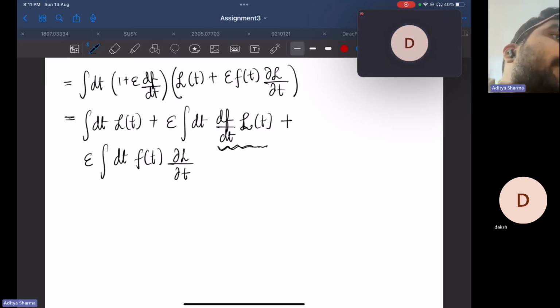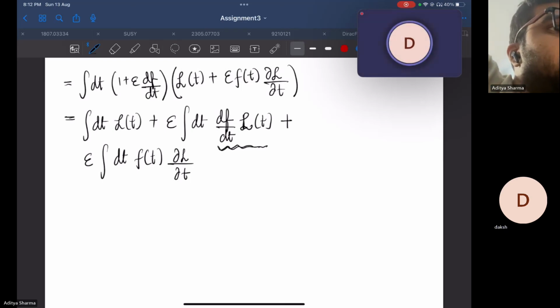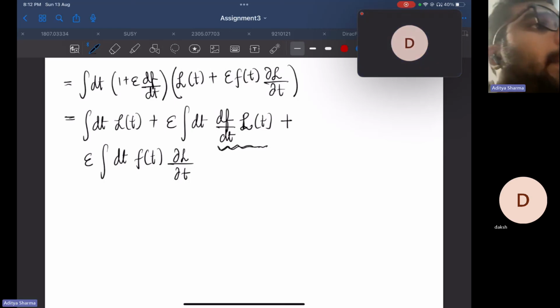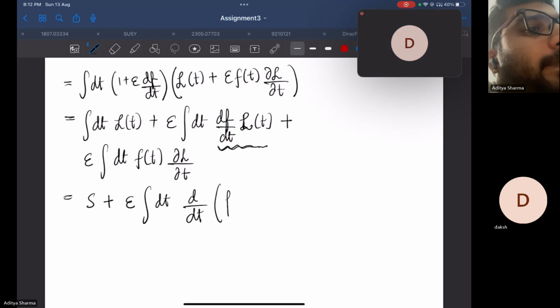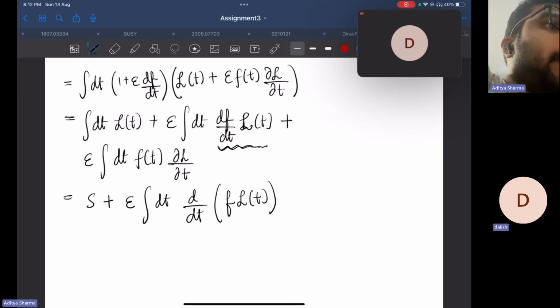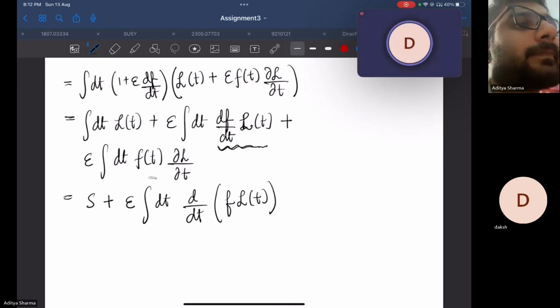How to get rid of this term? You can use the product rule. Then you'll get something like the original action plus epsilon dt of f times L, and the other term cancels with this.